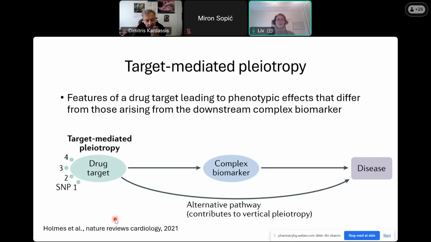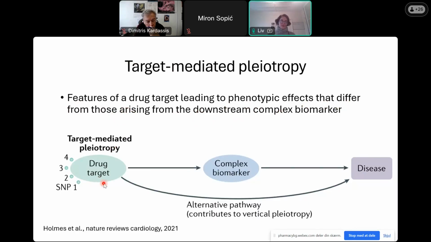All right, and one thing that's important to keep in mind is pleiotropy. And here we're looking at target-mediated pleiotropy, which in drug target MR is sort of like the good form of pleiotropy. So this is features of a drug target leading to phenotypic effects that differ from those arising from the downstream complex biomarker.